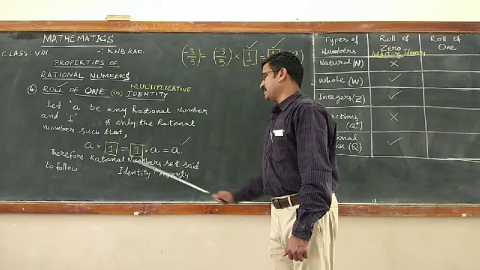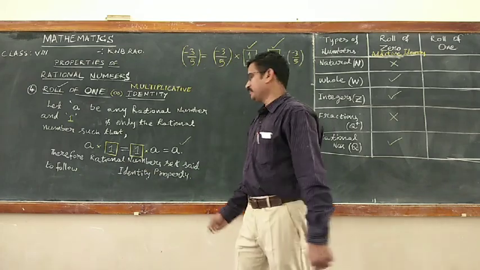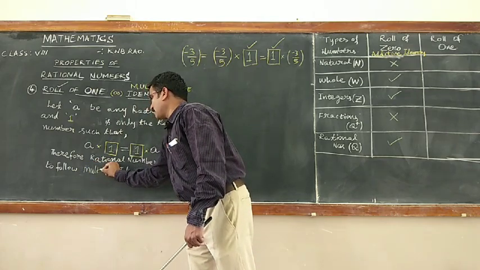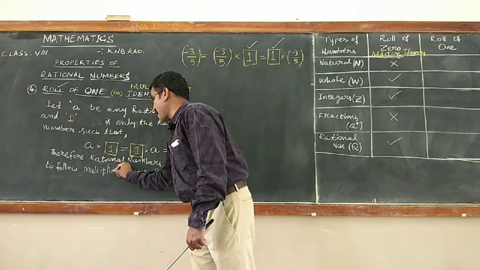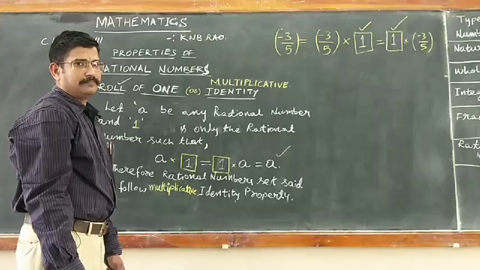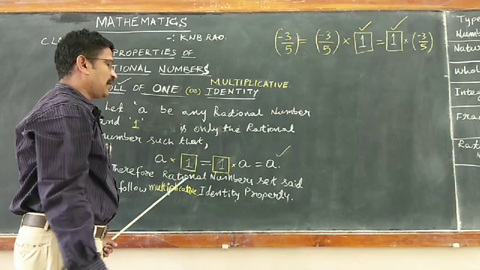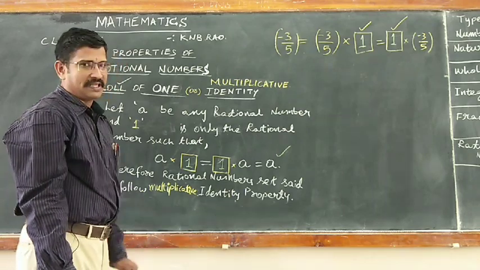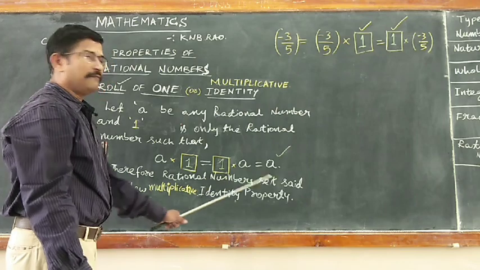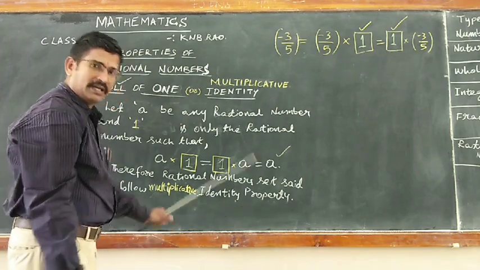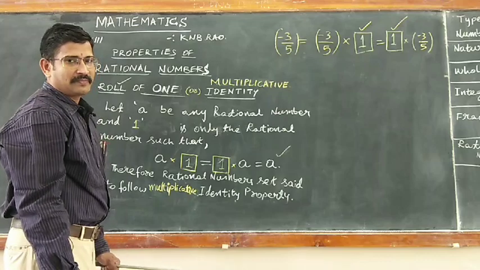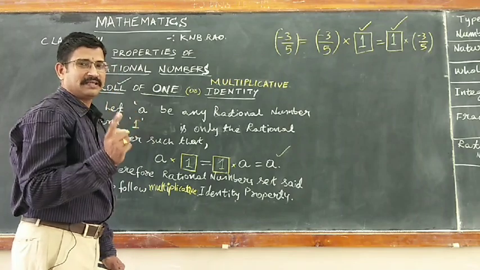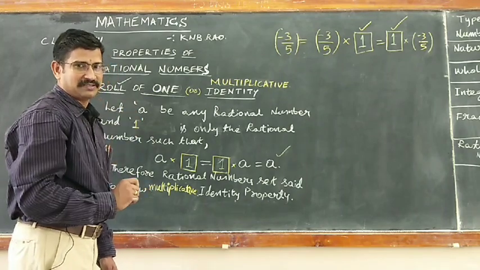Therefore, the rational number set follows which property? Multiplicative. I will write it down. Children, therefore we say the rational number set follows multiplicative identity property, or I can say the rational number set follows identity property under multiplication. So, 1 is the identity element under multiplication for rational numbers.